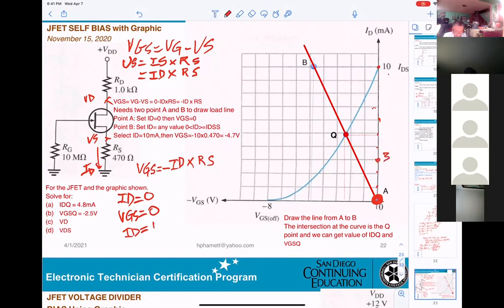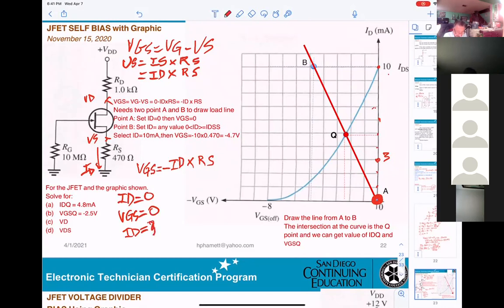Mr. Pham, if you pick 10, then ID would equal IDSS, so you don't want to pick 10, right? This is basically from the textbook, they pick 10. But I said you can pick the second point with ID equal to any value, not 0, and up to 10 maximum. So if you pick 3.